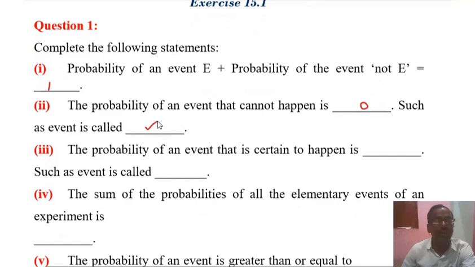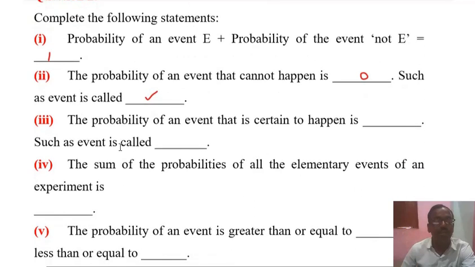Here it will be impossible. The probability of an event that is certain to happen is 1. Such event is called sure or certain event. So here it will be sure or certain.